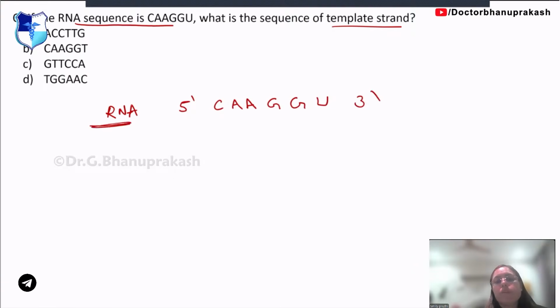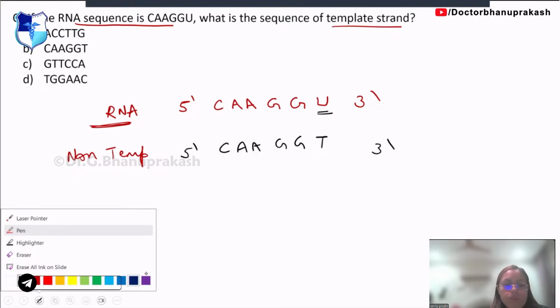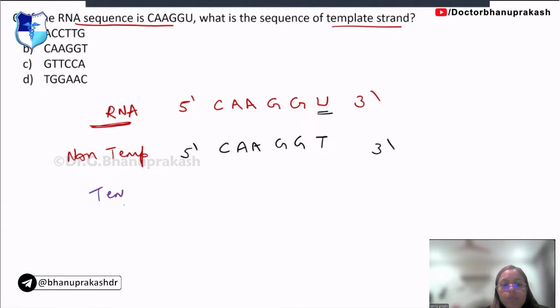Whenever they're asking for a template strand and you have RNA, first make the non-template strand, because from RNA to non-template strand the direction is the same and the codons are the same; you just need to change U to T. So direction same, 5 dash here, 3 dash here, all the codons same, just replace U with T. Easy? Okay, easy.